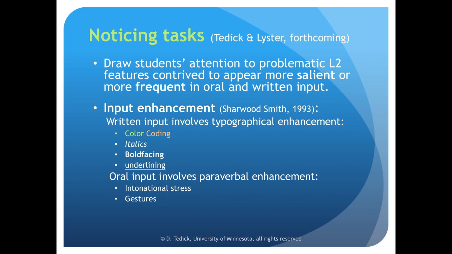And teachers could also use gestures to do that. And I'll give you some examples here in just a moment of teachers that came out with some really good examples of how to do that. So you want to make sure that both the oral and the written input that students receive has the form with increased frequency, right?